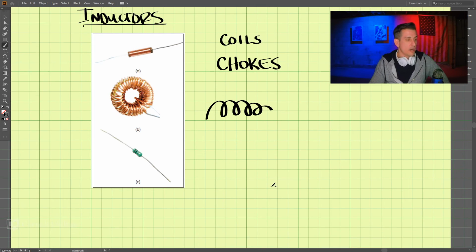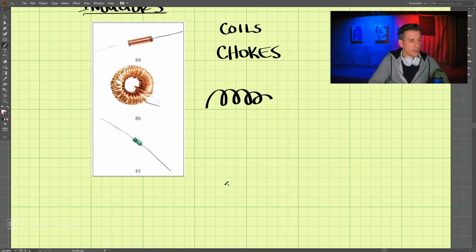Now, if we draw the inductor like this, this is the inductor.